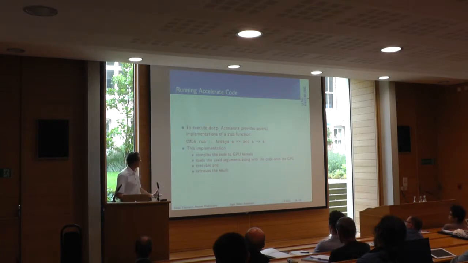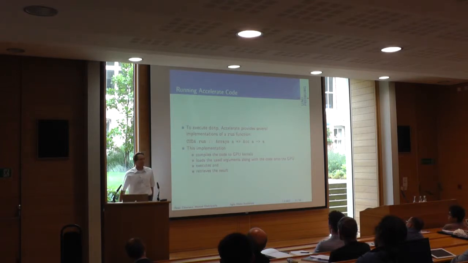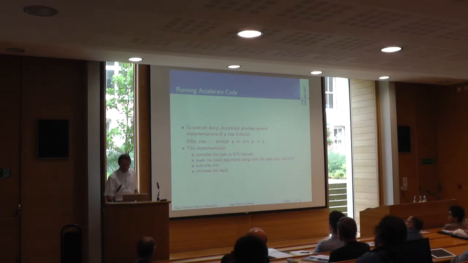And what happens behind the scenes is, at run time of your Haskell program, it grabs this code that you generated, compiles it to GPU kernels, loads the used arguments, so you remember the use of x's and y's on the last slide, loads them along with the code onto the GPU, executes, and then transfers the whole result, which might be a huge array, in this case it's just a number, retrieves it, and then your Haskell program can continue with that.